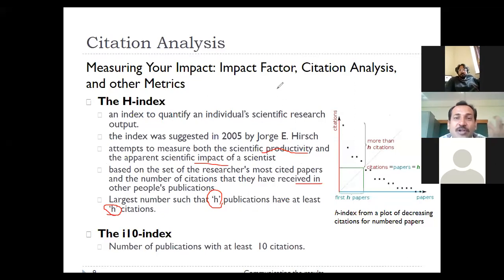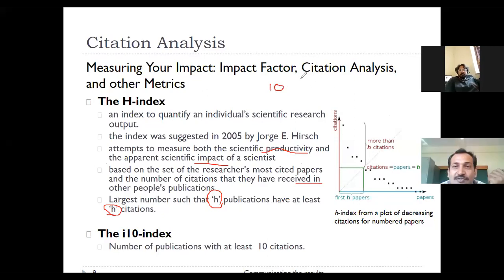For example, some author has 10 research papers. Out of that, the first research paper received, for example, 10 citations, the highest. Then 8, then 7, 6, 6, 0, 0, 0, and 0. Is it 10 now? 1, 2, 3, 4, 5, 6, 7, 8, 9, 10.